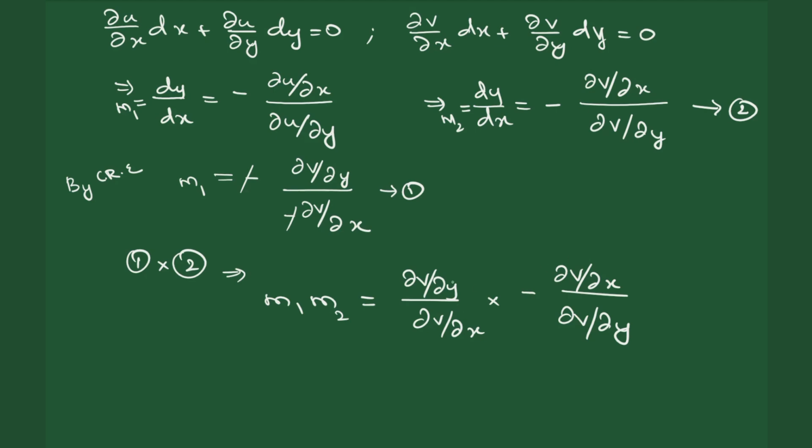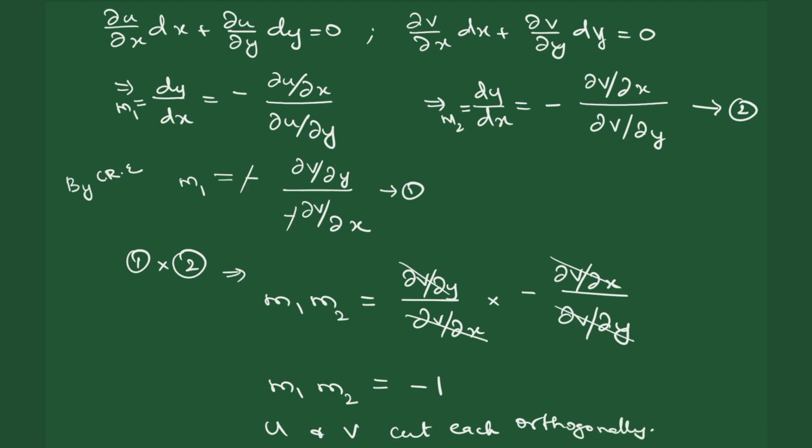Both are reciprocal terms, so when we multiply, it gives minus 1. So m1 into m2 is equal to minus 1, which implies u and v cut each other orthogonally. So that's the proof of the property.